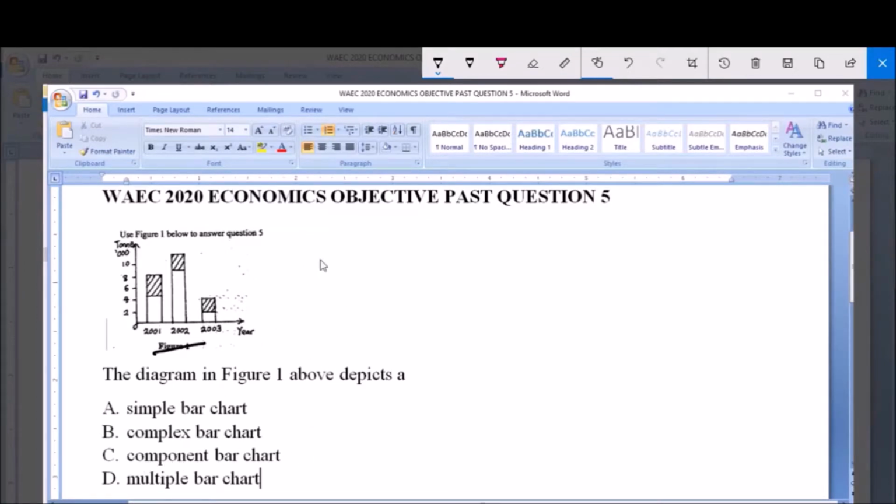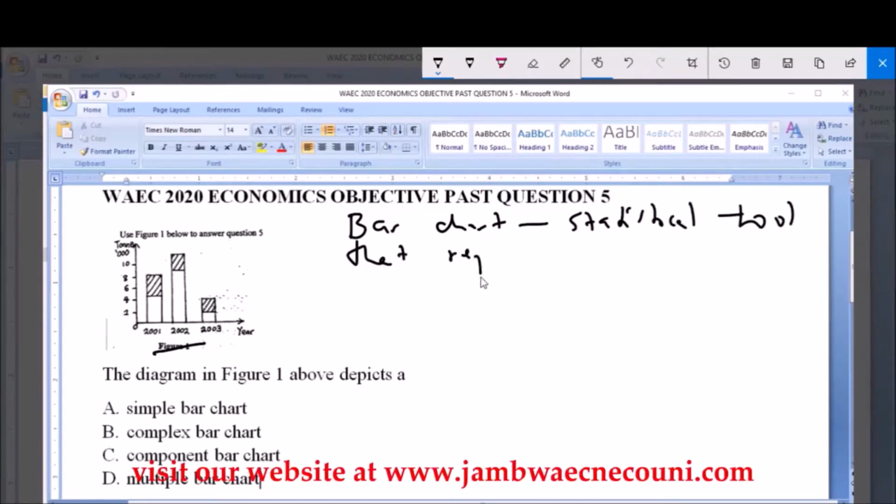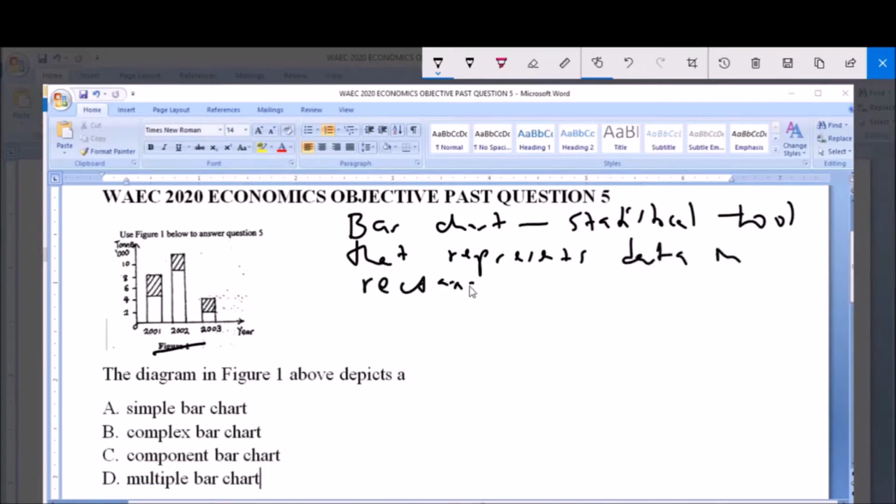Now, the first thing we know from this information and from the options given to us is that it is a kind of bar chart, and the bar chart is basically a statistical tool that represents data in rectangular bars.